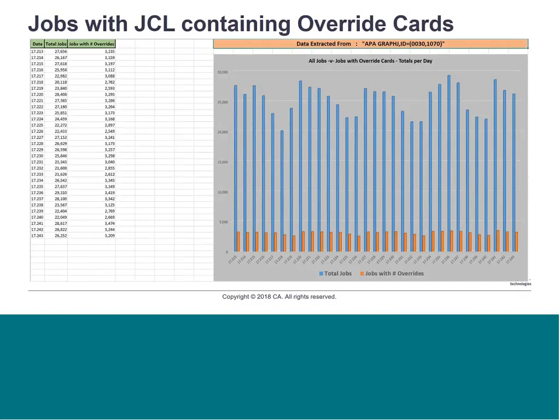detail. One of the things that can impact on the dwell time for loading jobs, how long it takes to load jobs into the request queue, is your use of override cards in the JCL, because they have to be processed during that job load. And what we've got here is a comparison of total number of jobs per day compared to how many of those jobs have JCL overrides.